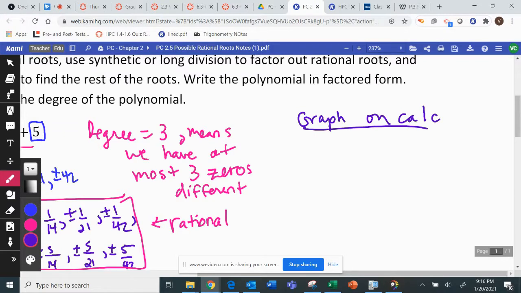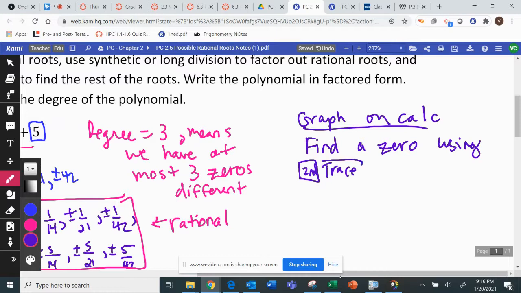Then we're going to find a 0 using either second trace 0, or you can use second trace value. And I'll show you both of those today.